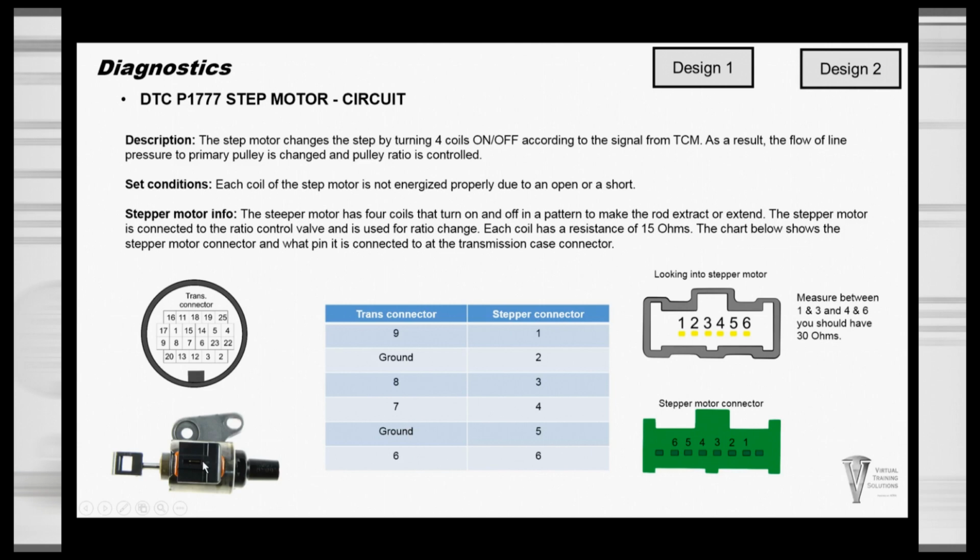It rotates, and there's a little gear in here that will make this pin go in and out. So as the coils turn on and off, the motor is able to turn one direction or the other to get this to extend or retract. So it's kind of hard to check the stepper motors themselves.